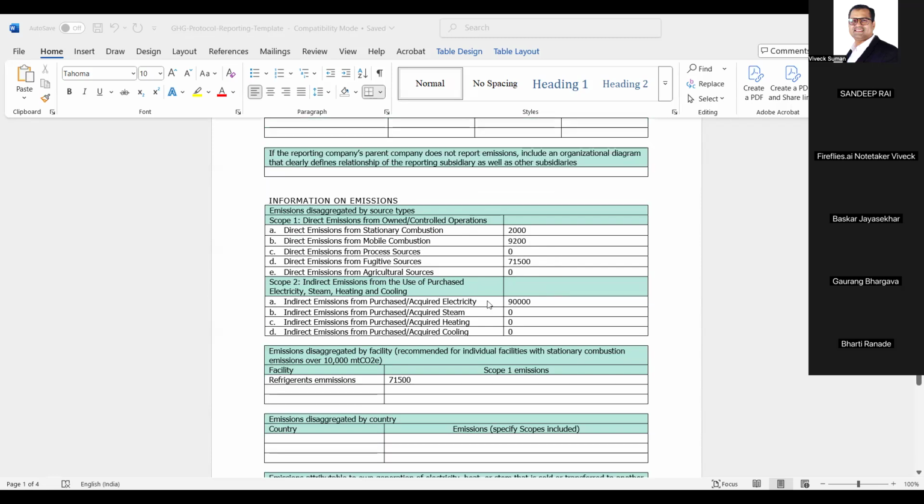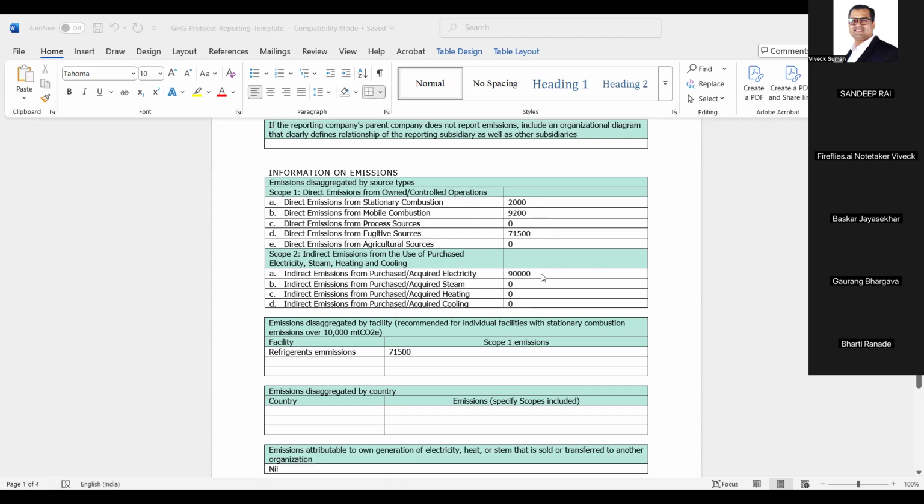Purchased electricity is scope 2 only, 90,000 carbon equivalent. Then emission disaggregated by facility, which is more than 10,000, so only the refrigerant fugitive sources are eligible for that. So I put it. I'm asking you, is that correct? Because it says it should be more than 10,000, that's why I put that refrigerant emission.